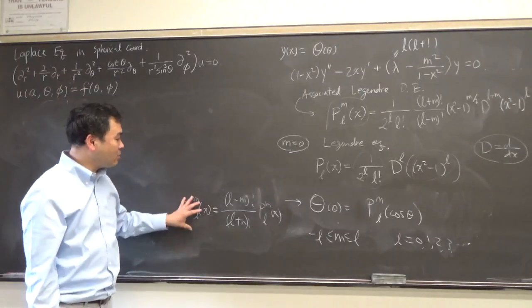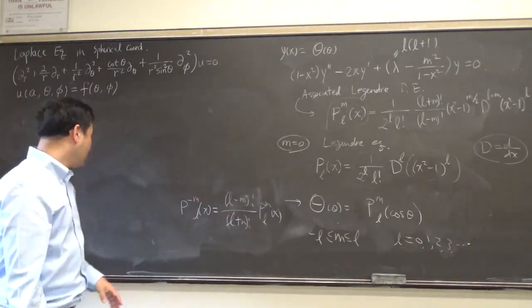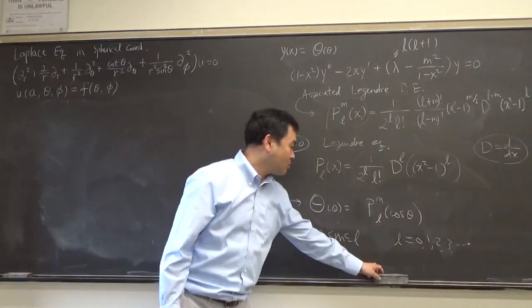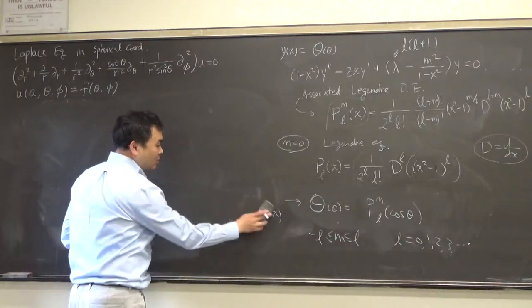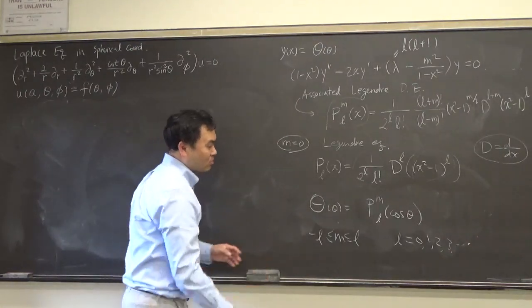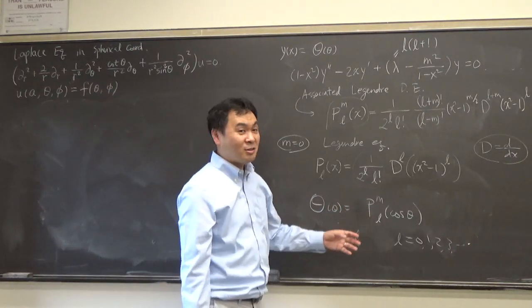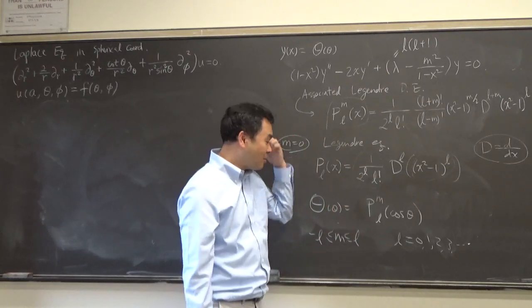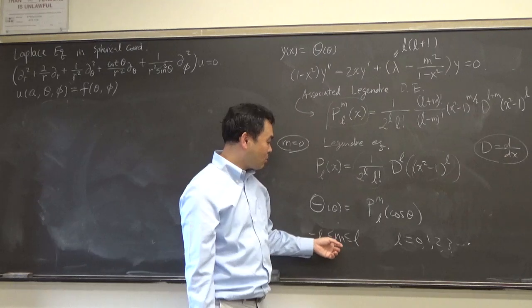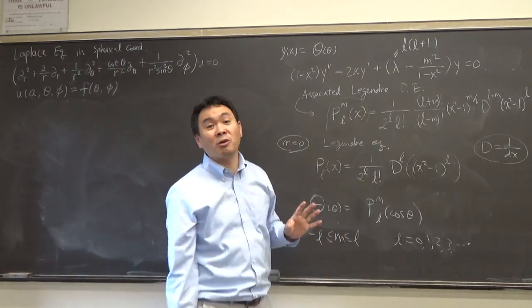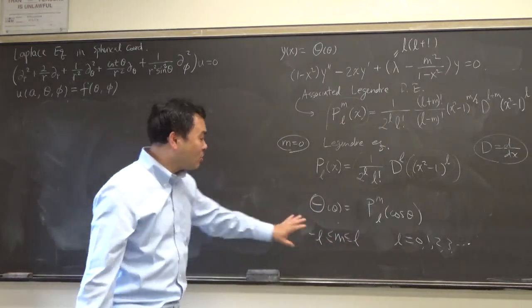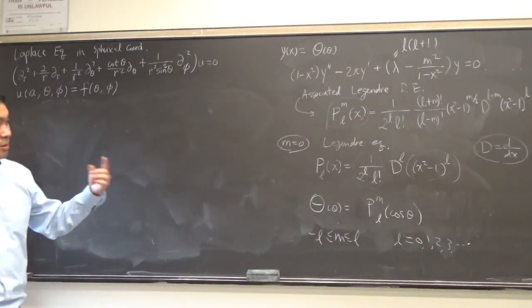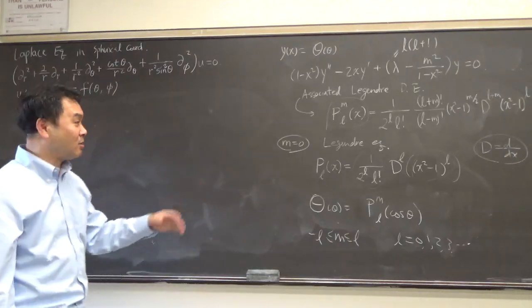In other words, one is a multiple of the other, which means these are not linearly independent. So you could say you're listing too many building blocks here, because some of them are not linearly independent. Shouldn't you do m from 0 to L? Well, that's one choice, but we're still going to keep it this way because we're going to make a bit of a change in the phi part. I'll explain it a little later.